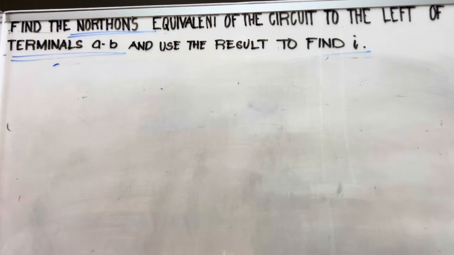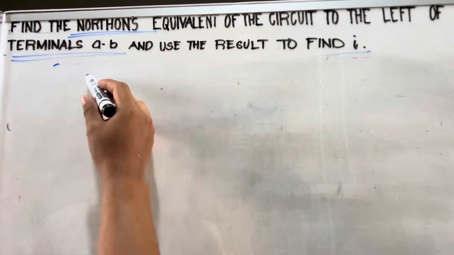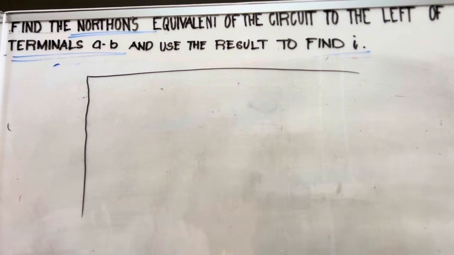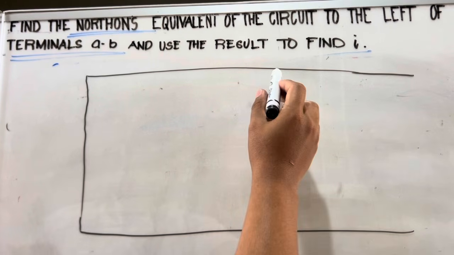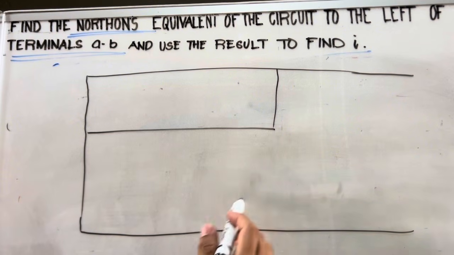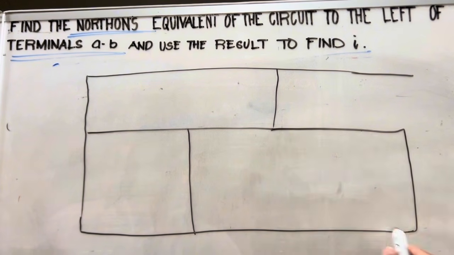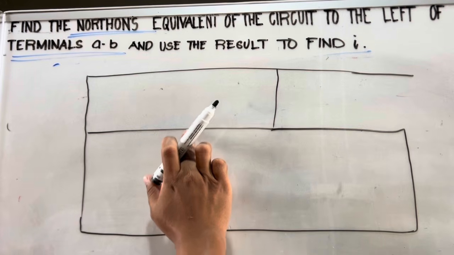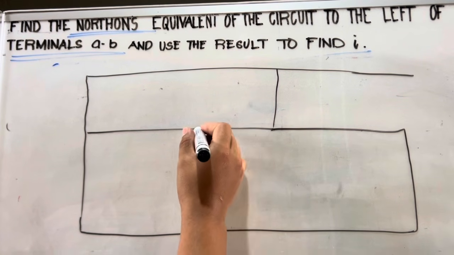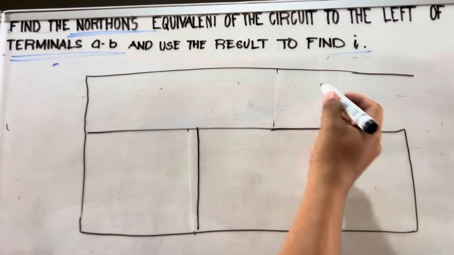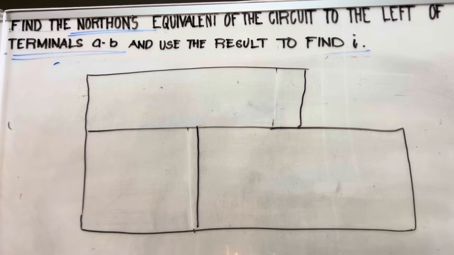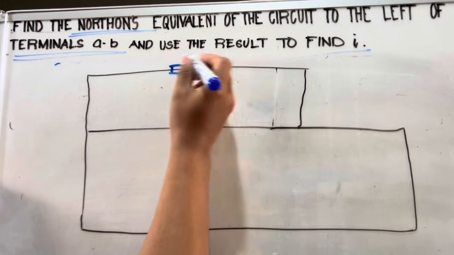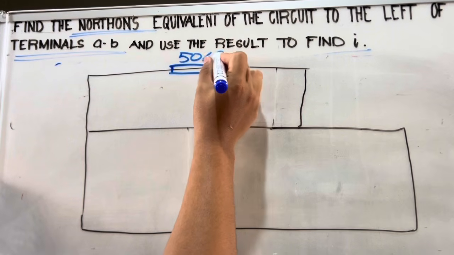Alright everyone, since we have the equation 5 prime, we will now redraw the circuit. First, we will redraw it. This is our impedance 50, angle of 35 degrees.